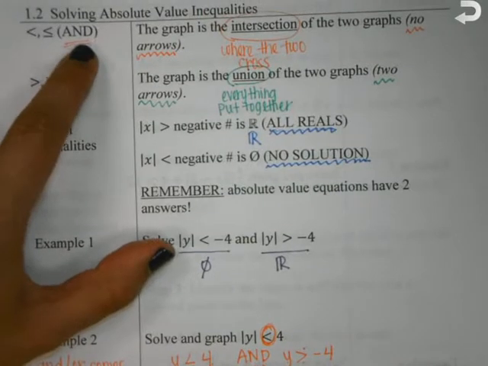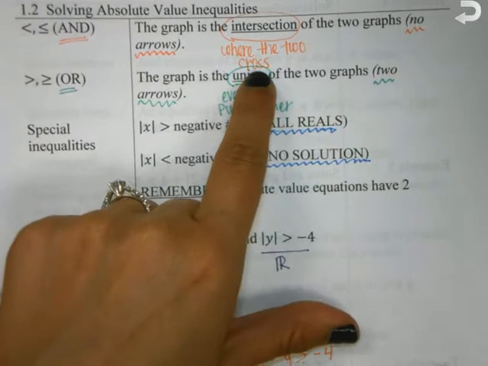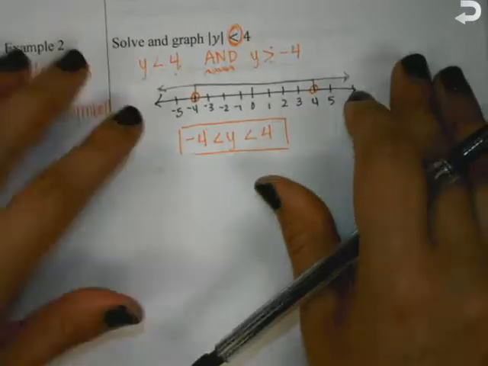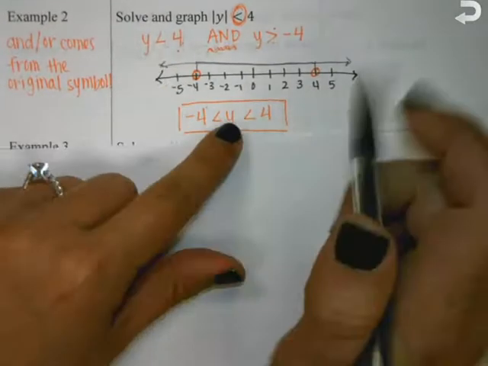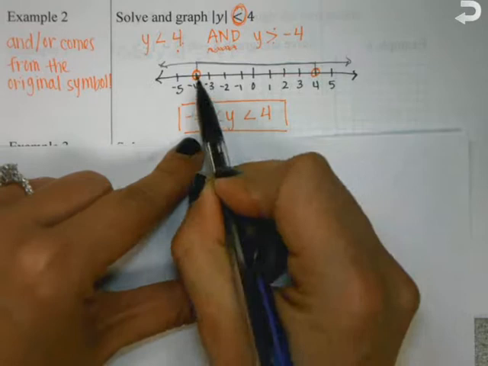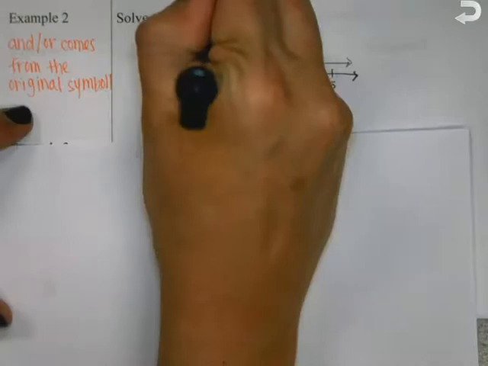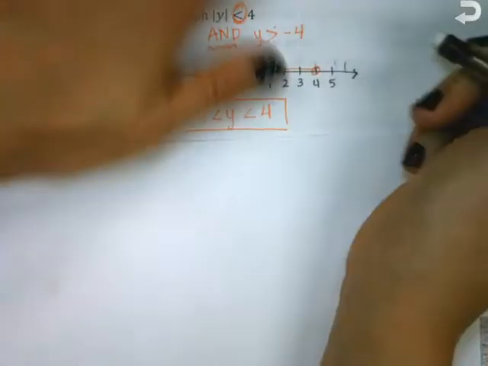So my answer is not going to be this on the outside. My y has to be between -4 and 4. So my answer is only this area in between the two. So I can erase all of that outside stuff, and my graph of the answer for this one is just what's between the -4 and the +4.